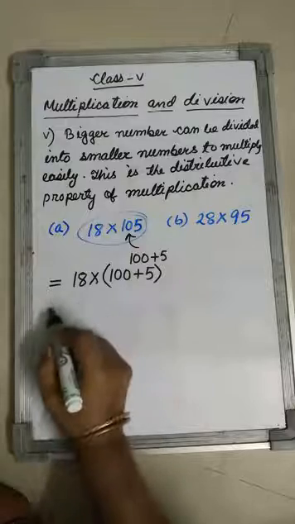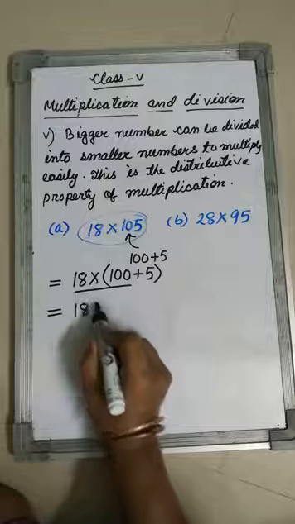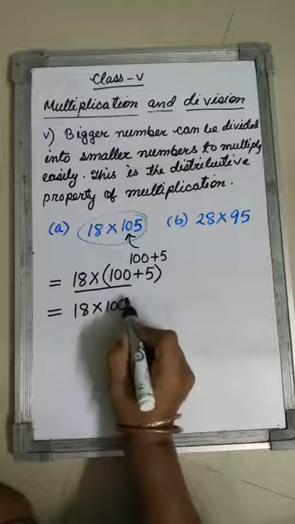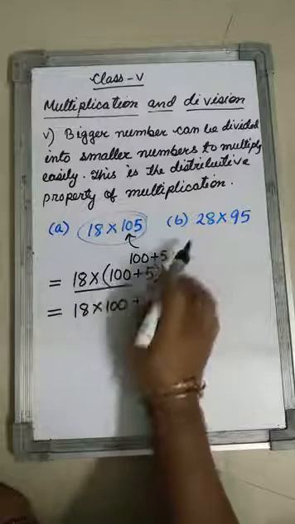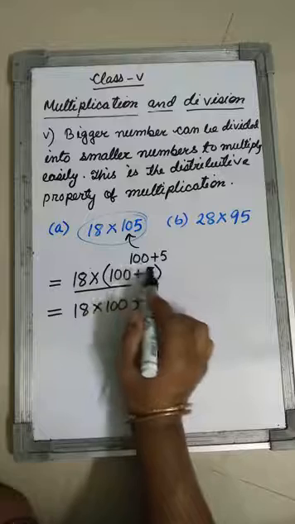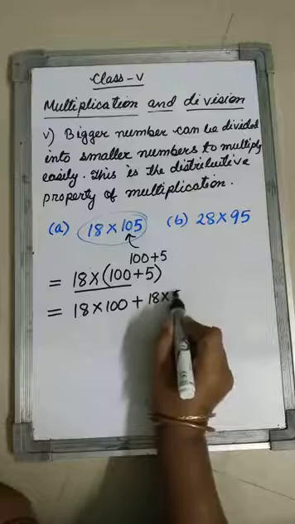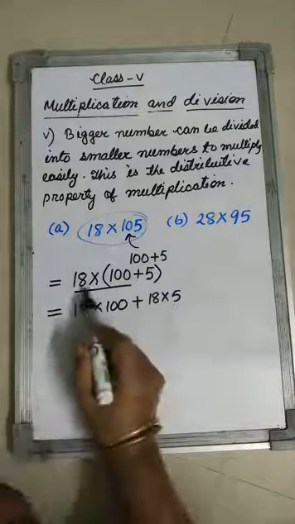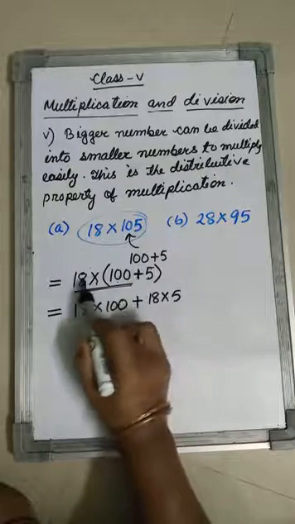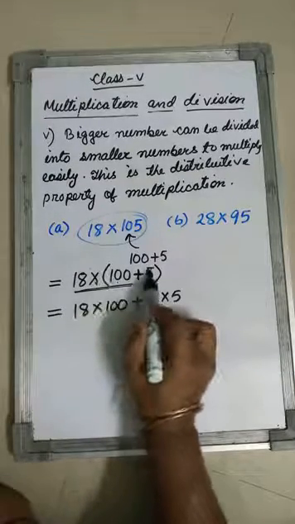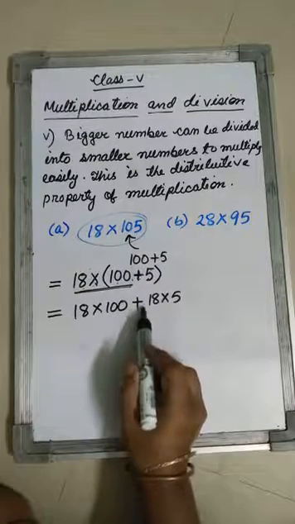So the next step is 18 into 100 plus what? 18 into 5. First step is 18 into 100 plus 18 into 5. 18 into 100, in the plus I have written up to this.